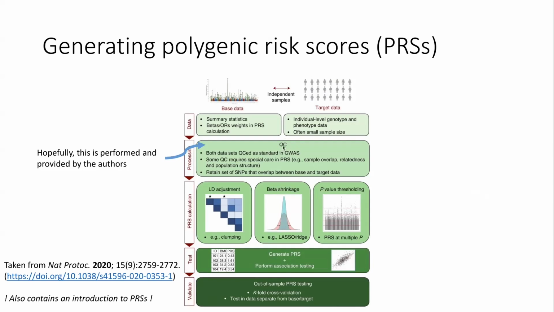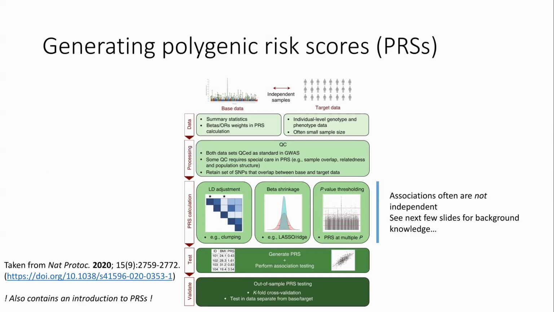So you should take away variants that have a low imputation quality or have a very low allele frequency, stuff like that. This is often a time-consuming task because you sometimes have to communicate with the authors of the people who generated the base data. So yeah, this can take time.